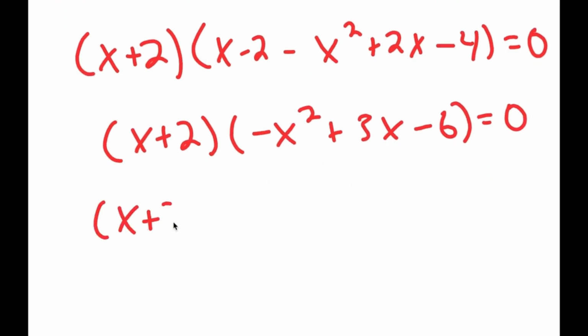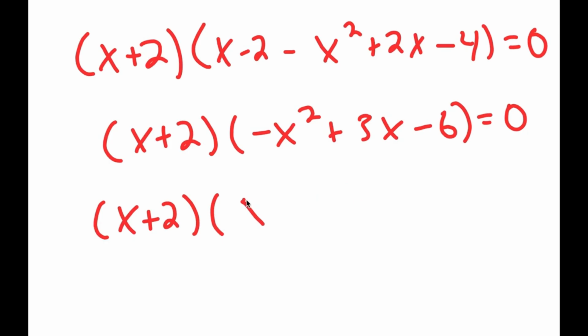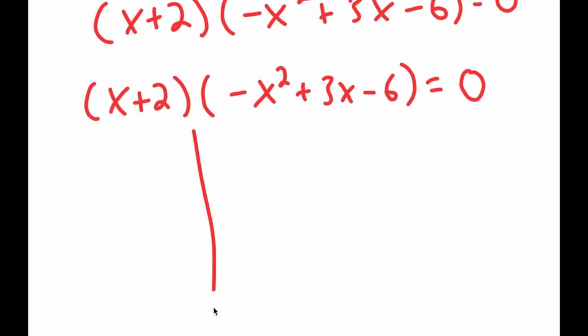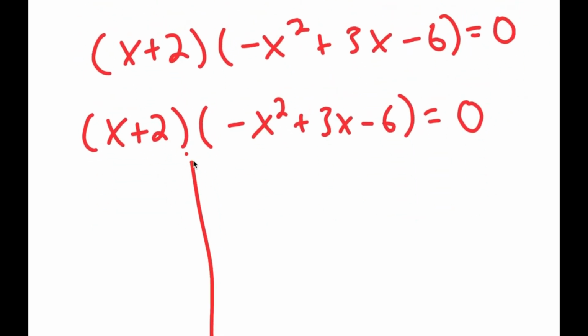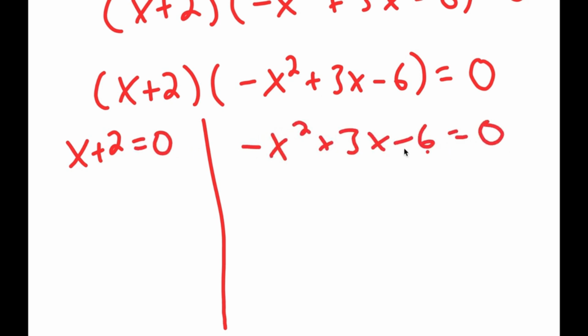Sorry, this is still negative x squared plus 3x minus 6 is equal to 0. Now from here, this gives me two equations. x plus 2 is equal to 0, and negative x squared plus 3x minus 6 is equal to 0.